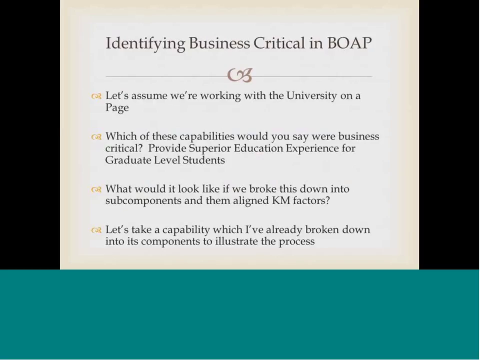So let's take the undergraduate education experience, and walk through the process of an audit for that capability. So what would it look like if we broke this down into subcomponents and then looked for knowledge management assets, or knowledge assets or intellectual capital assets that supported that capability?